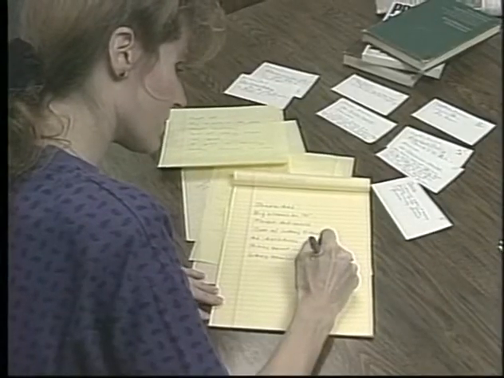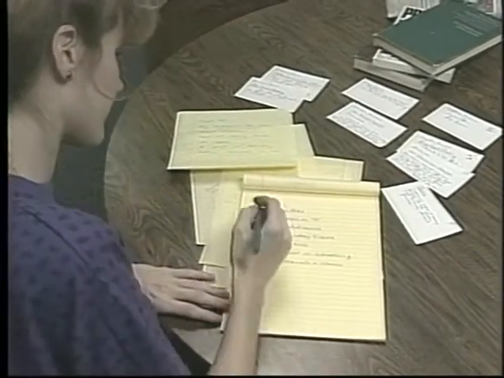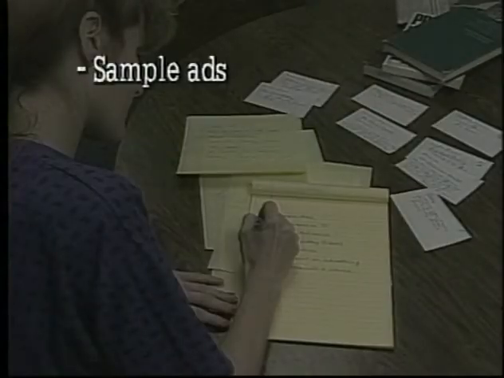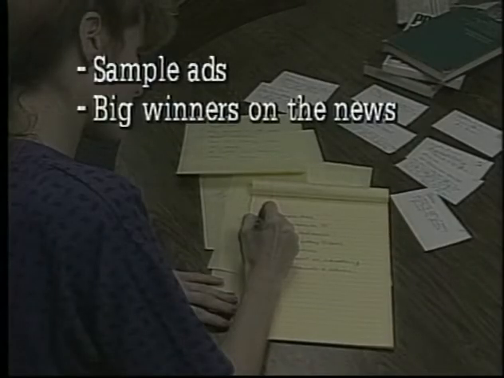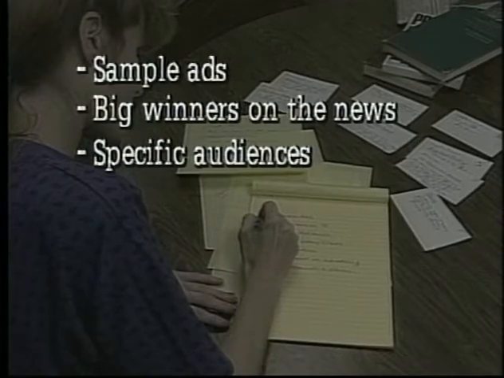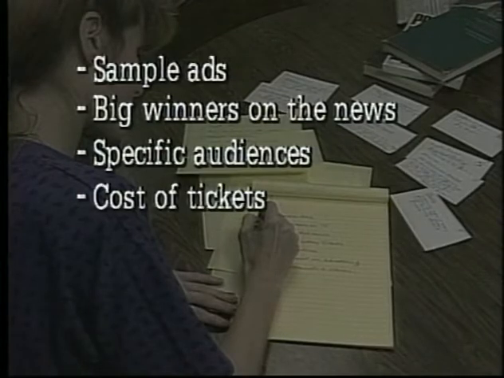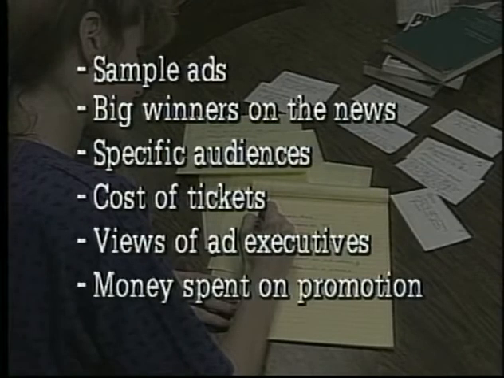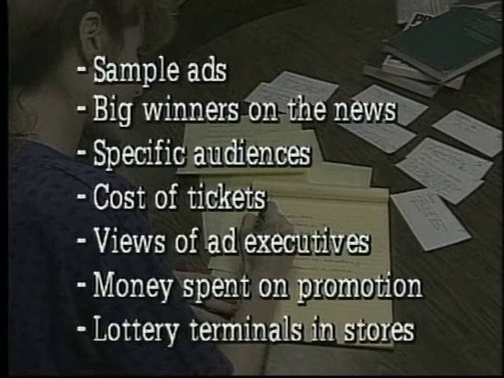After much thought and referring back to your note cards, you come up with the following list of subheadings. Sample ads, seeing big winners on the news, targeting specific audiences, cost of the lottery tickets, views of advertising executives, how much states spend on advertising and promotion, placing lottery terminals in stores.